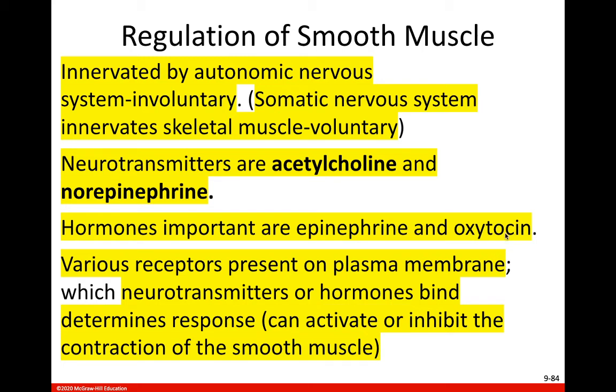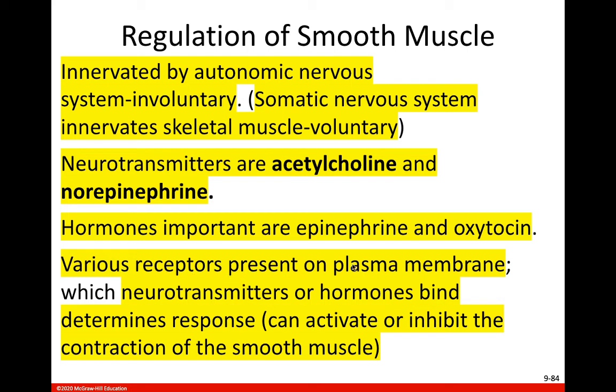So oxytocin is one of the hormones. Now, it's not the only hormone, obviously. There are going to be others, but oxytocin is one important one. And then the other one is epinephrine. Epinephrine is a hormone that can also act as a neurotransmitter, but it is a hormone as well that can stimulate the contraction of smooth muscle.